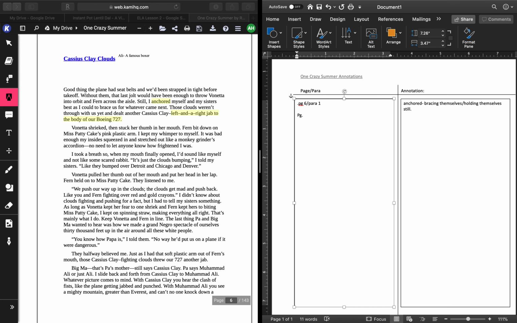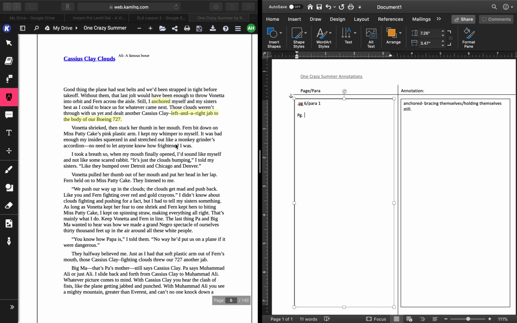So we know we have metaphors when we compare two unlike things, similes when we compare two unlike things using like or as. We have alliteration. I don't think this is alliteration here, right? We have personification when we give human-like characteristics to inanimate objects. Does that sound right? I think so.